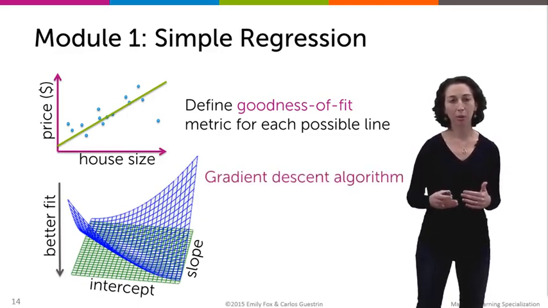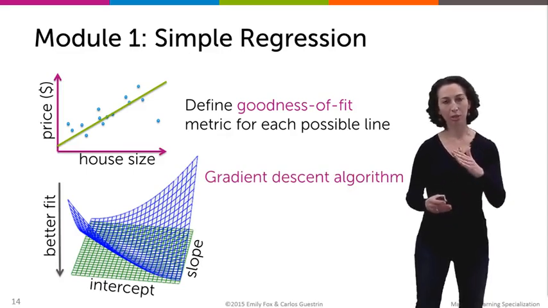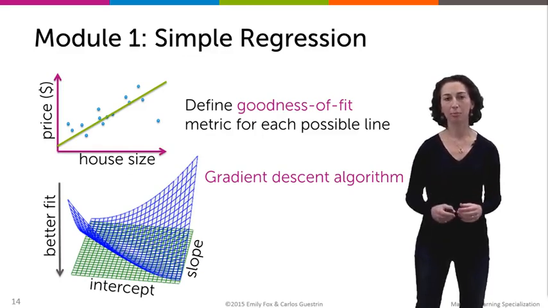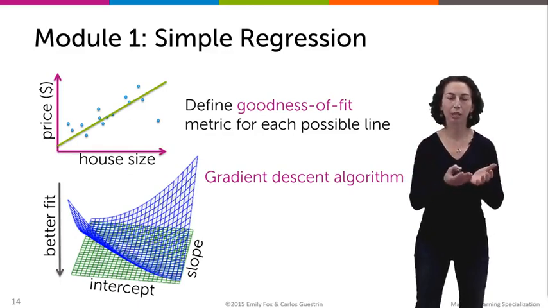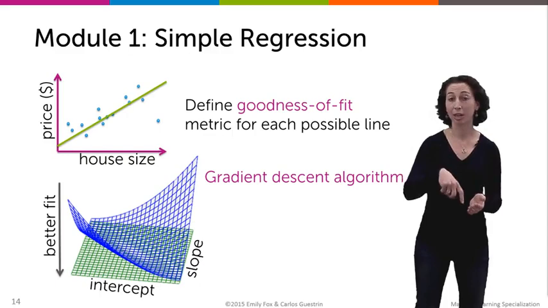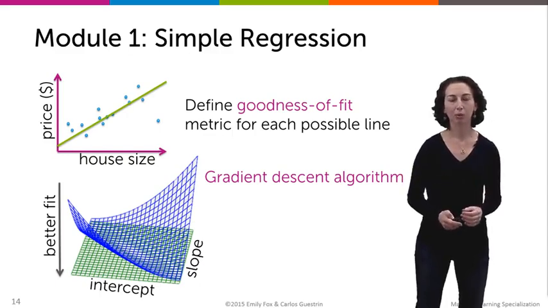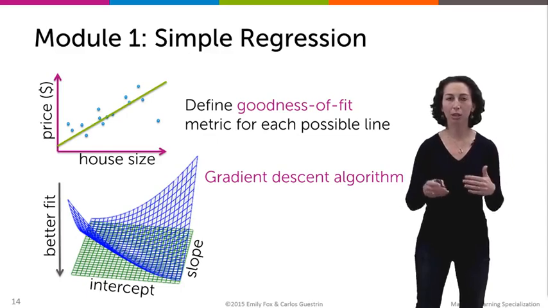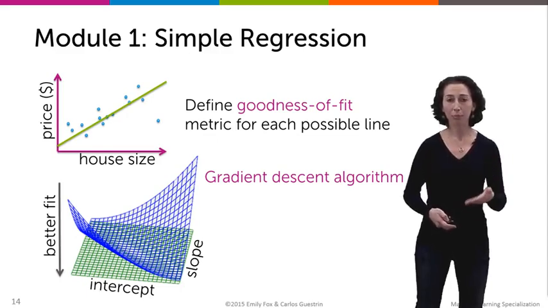So in the context of our regression problem, where we have just a simple line, a question is, well, what's the slope and what's the intercept of this line that minimizes this goodness of fit metric? This blue curve I'm showing here shows how good the fit is, where lower means a better fit. And we're going to try and minimize over all possible combinations of intercepts and slopes to find the one that fits best.